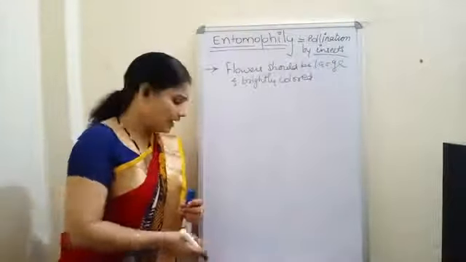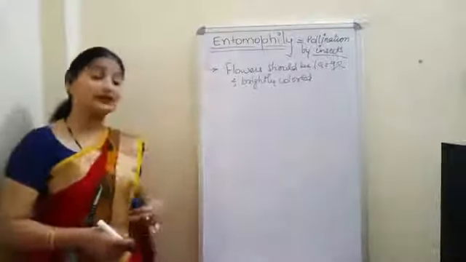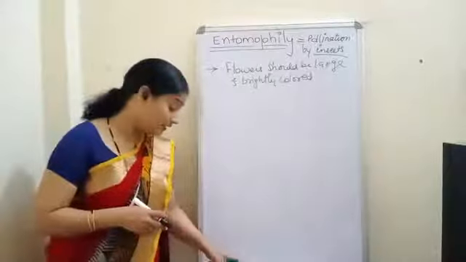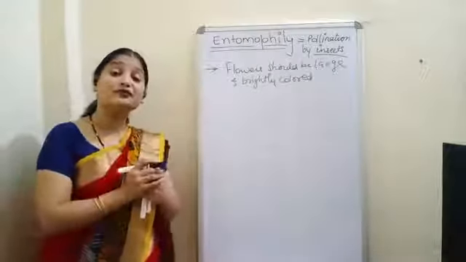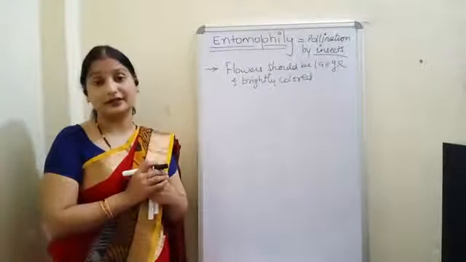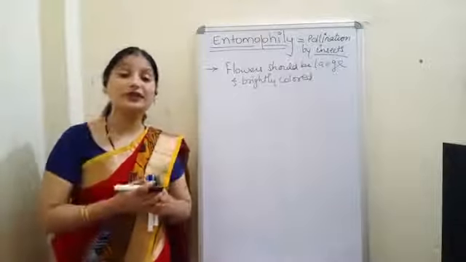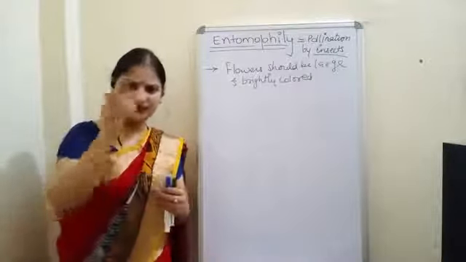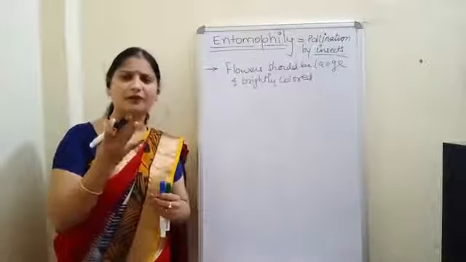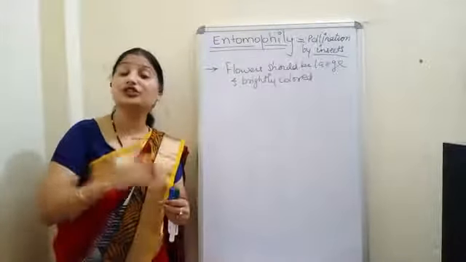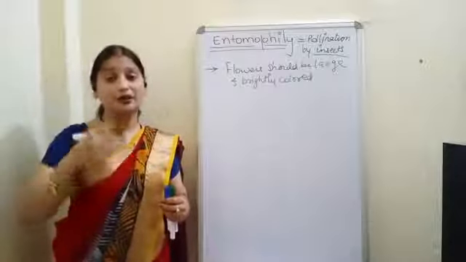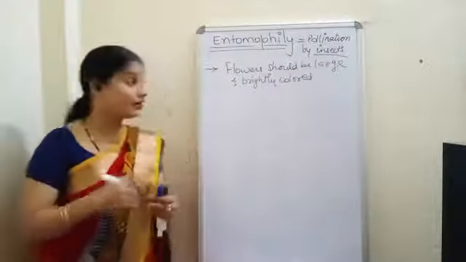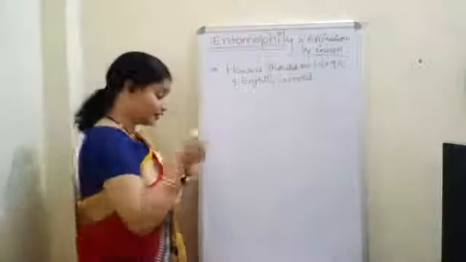Now in case the flowers are not colored, like in case of bougainvillea, then the parts of the flower should be colored. In bougainvillea, bracts are there. You must have seen the bougainvillea. It consists of pink, dark pink colored bracts. So these bracts should be brightly colored so that they may attract the insects. So what is the condition?